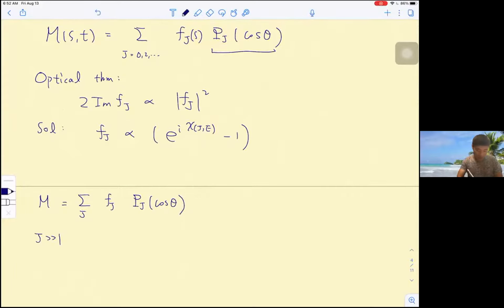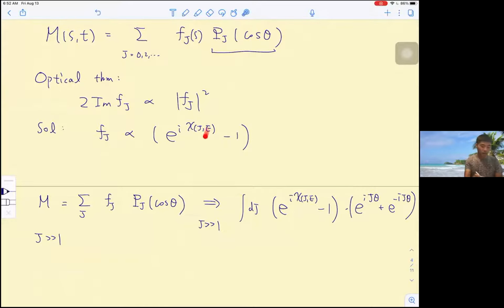And in this limit, the sum becomes approximately an integration. And let me plug in the constraint from the last unitarity. And finally, the polynomial at log j would have this structure.